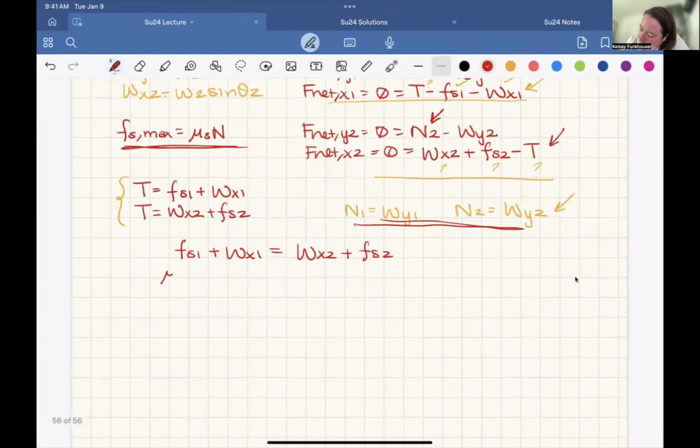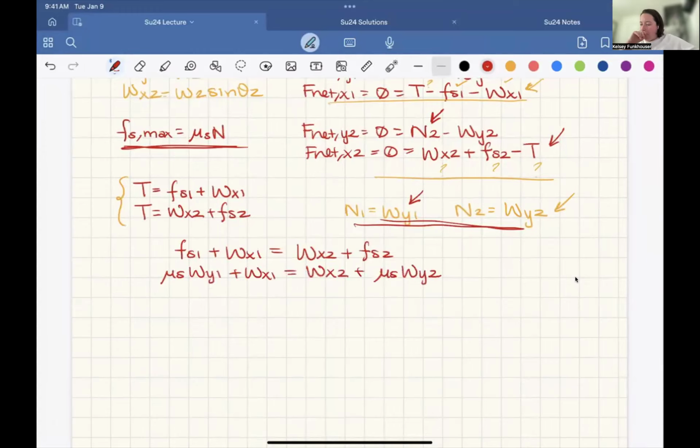So we get the coefficient of static friction times the normal force. Normal force for block 1 is just the weight of block 1 in Y. And then we have the weight of it in X. Then we have the weight of block 2 in X, and then the coefficient of static friction times the weight of 2 in Y. Okay, cool.